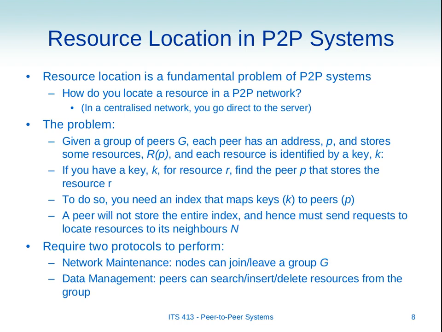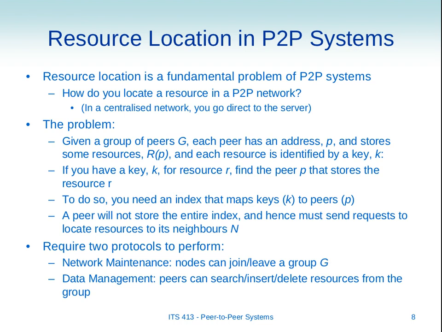In some cases, for example, if we're using a server that's maintaining an index of all the files available, then we need to publish that information to the server. So there are operations where peers can search for resources, and insert resources into the system.